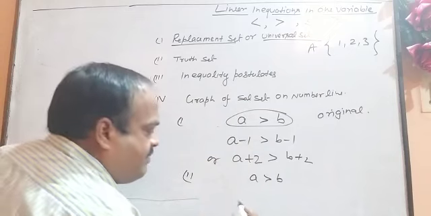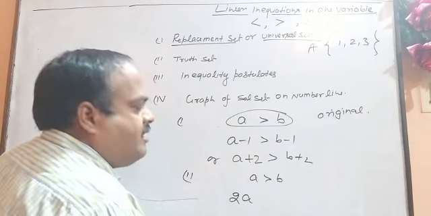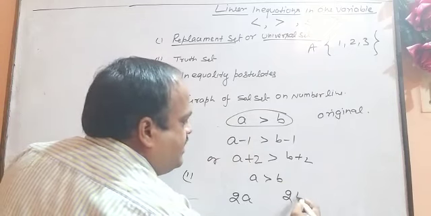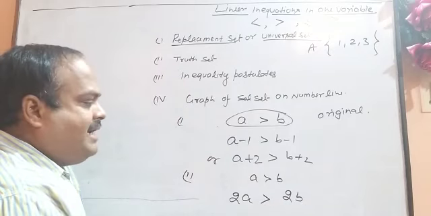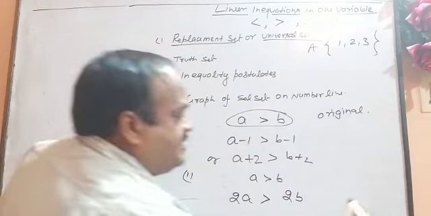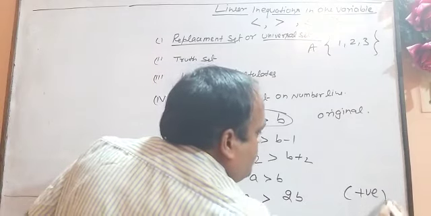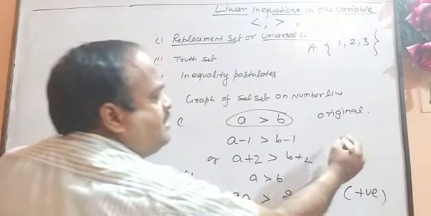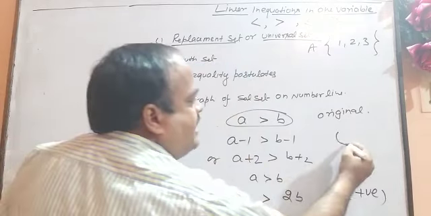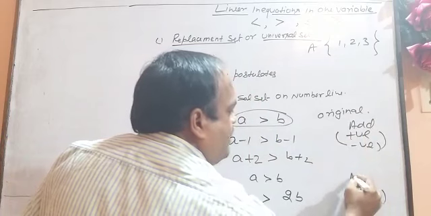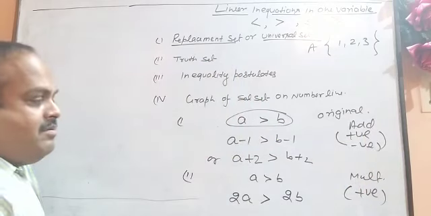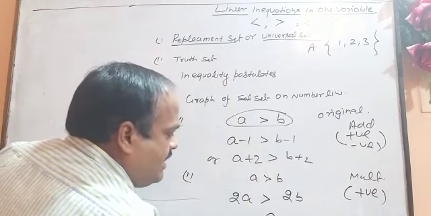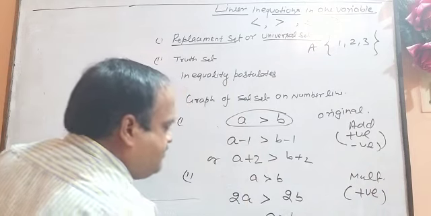Let us consider 2a and 2b. So inequation remains same since I have multiplied by the same positive number. Here addition, here multiplication. But be careful when you multiply an inequation.